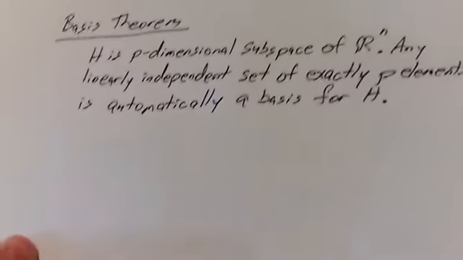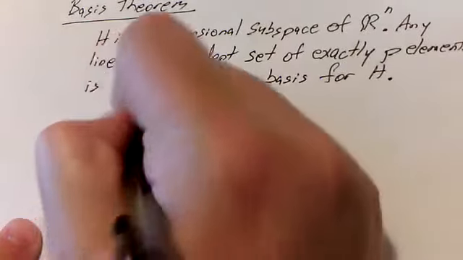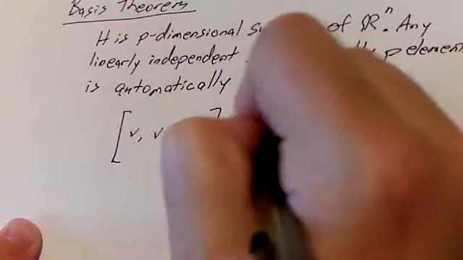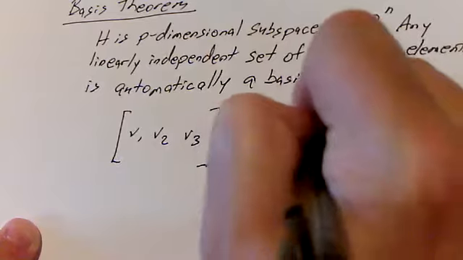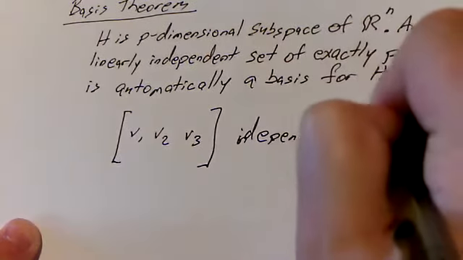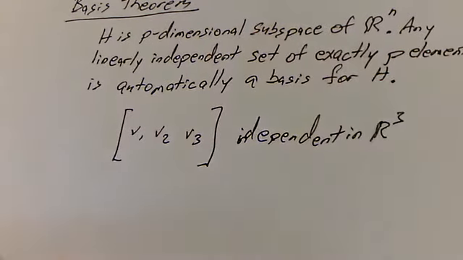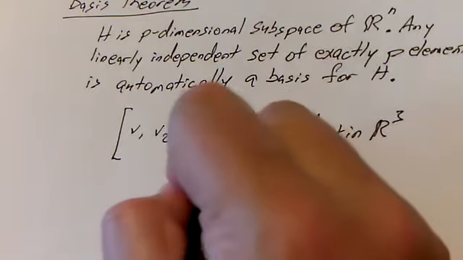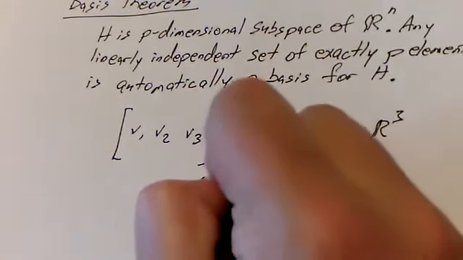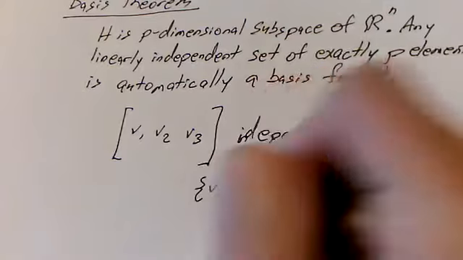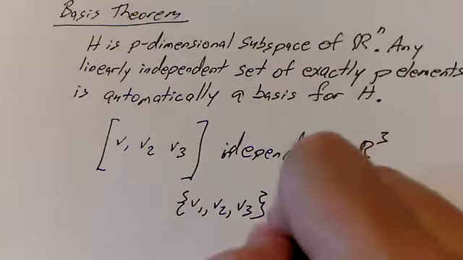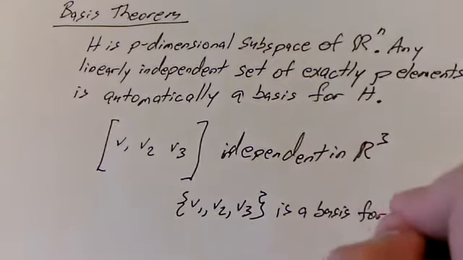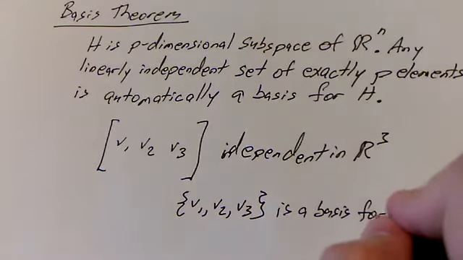So if I have 3 vectors, v1, v2, and v3, independent in R3, I have 3 vectors in R3, so then v1, v2, v3 is a basis for R3.